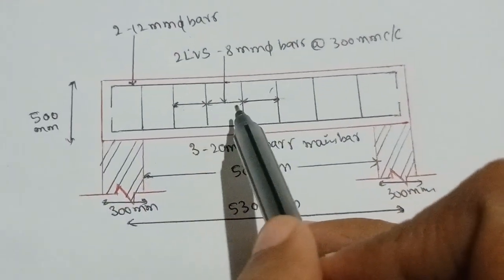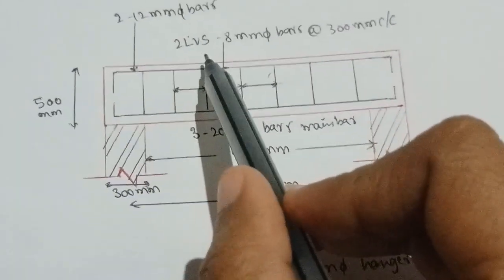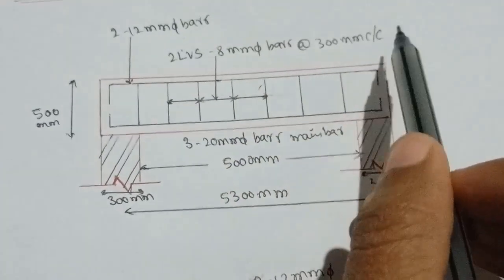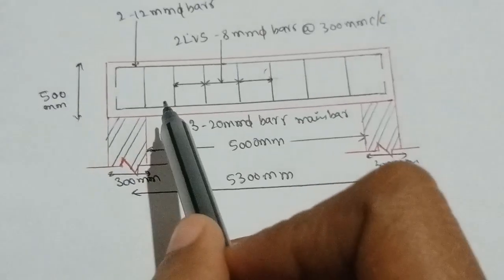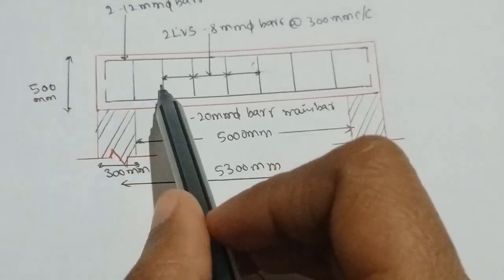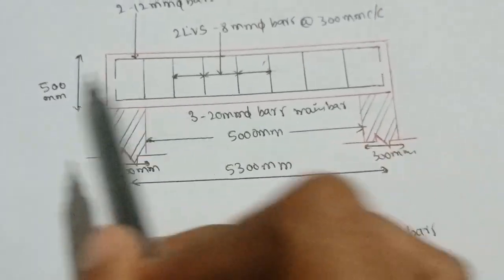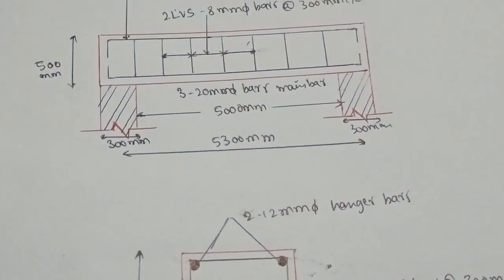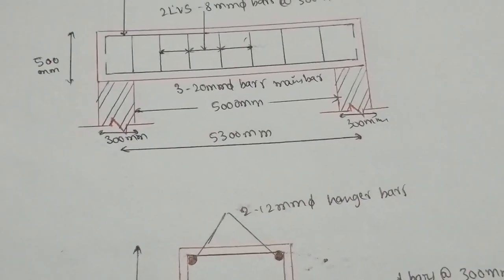These are the stirrups, two-legged vertical stirrups of 8 mm diameter bars at 300 mm center to center, and this is the overall depth, that is 500 mm. This is the longitudinal section diagram of the beam.